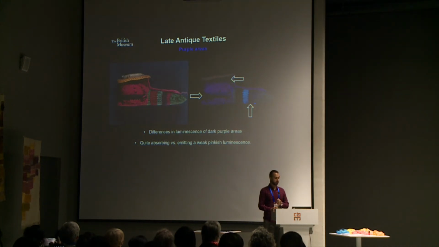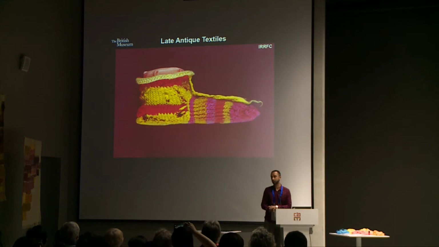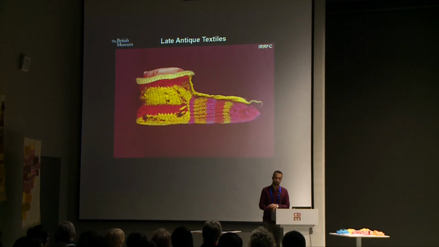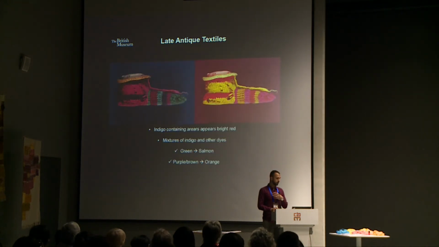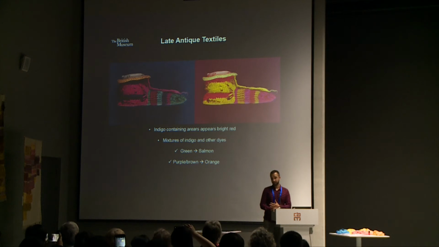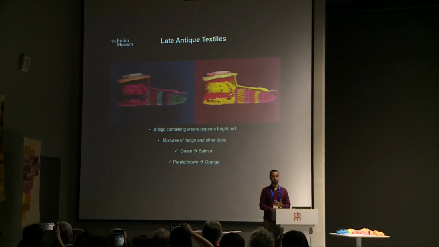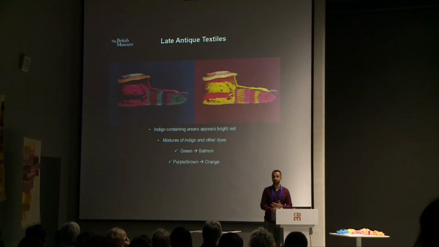But another image that can come into help, especially with the green and the purples and the blue, is the infrared false colors image. And the reason why is because indigo appears red in this image. And so pure indigo was showing red, but when indigo was mixed with a red source, it was appearing orange.